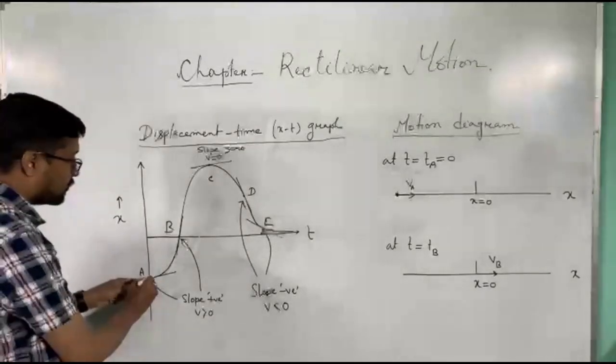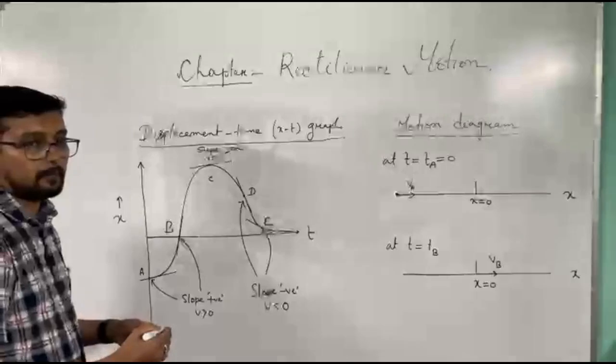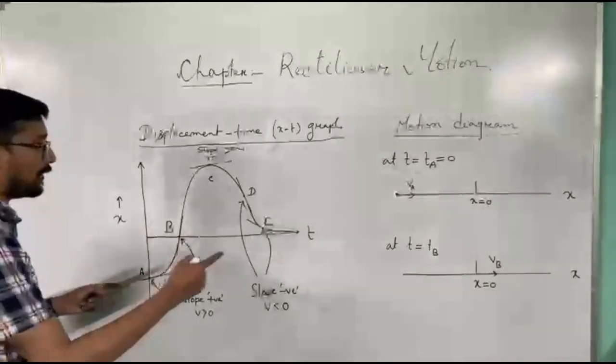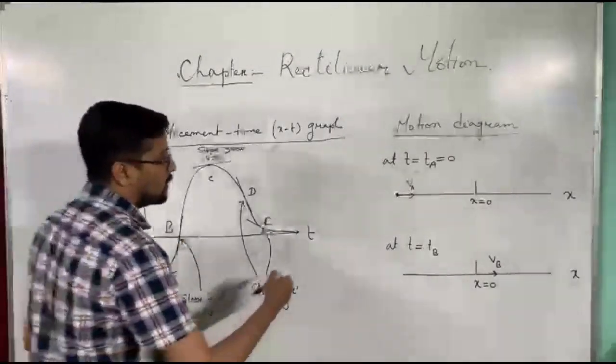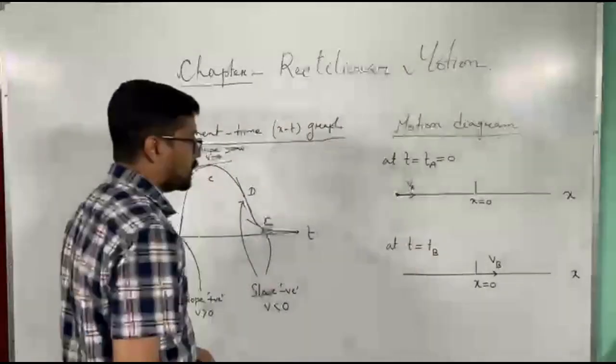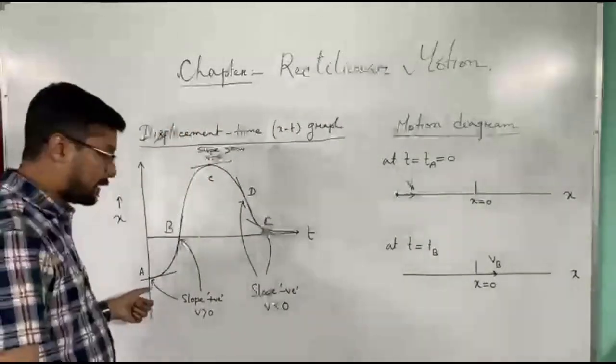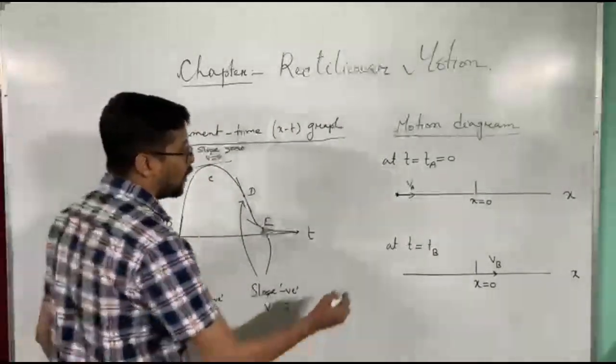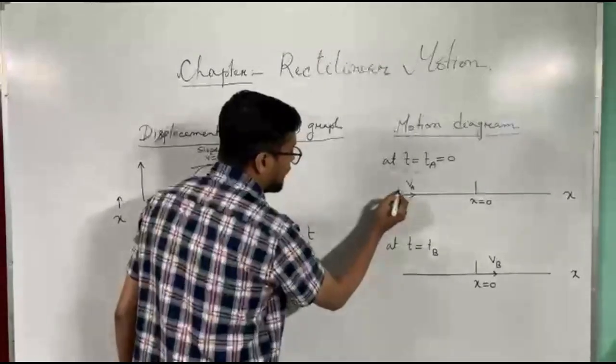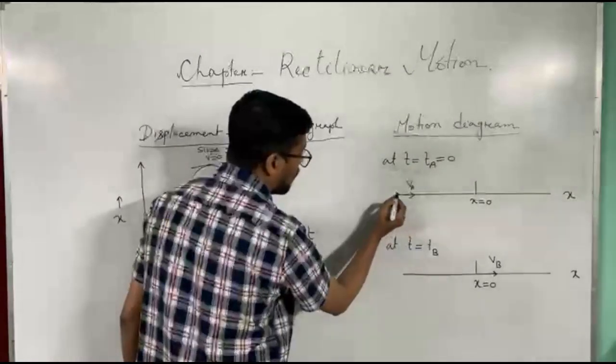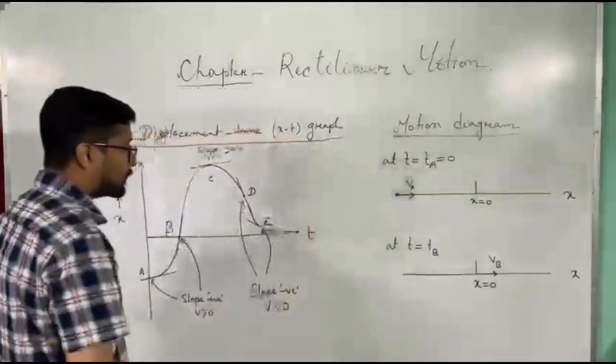Now because we are talking about a rectilinear motion, in actual the object is moving along a straight line. So let us say this is the path of its motion. Initially when the object is at A, let us say the object is somewhere here, that is at t equal to ta equal to 0.